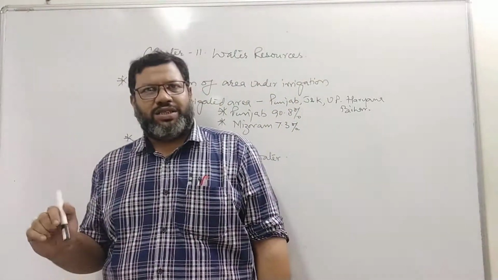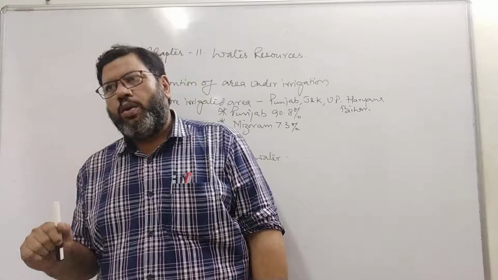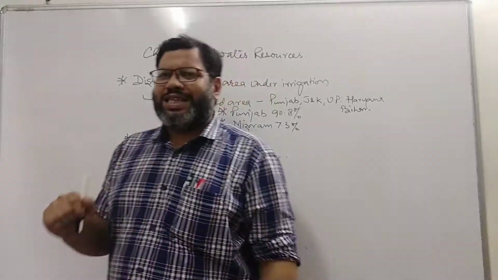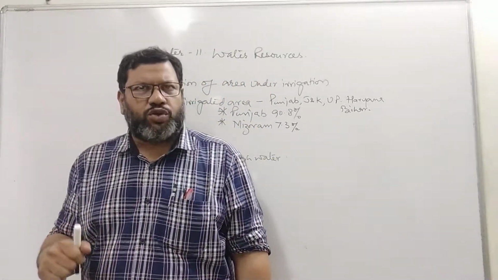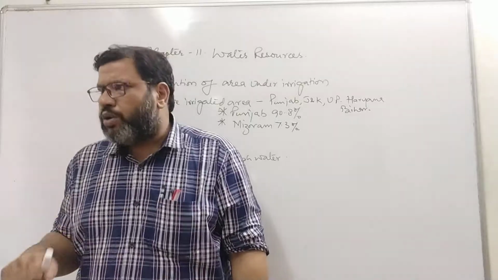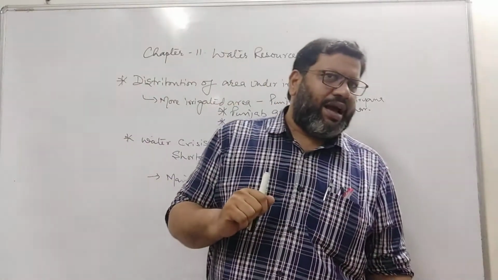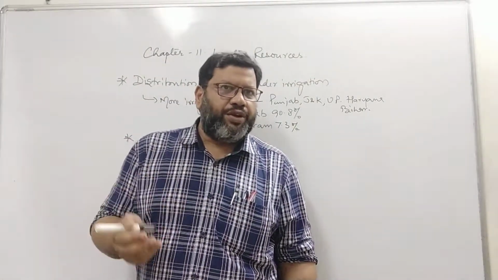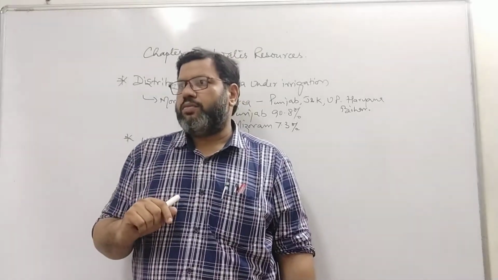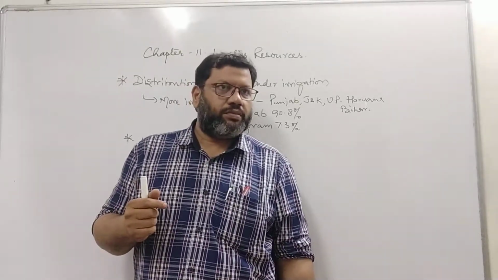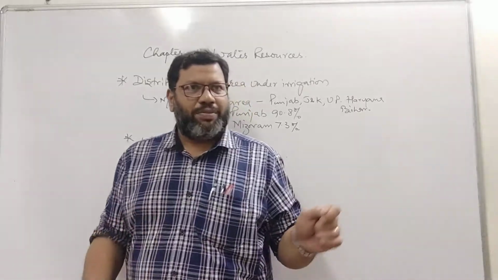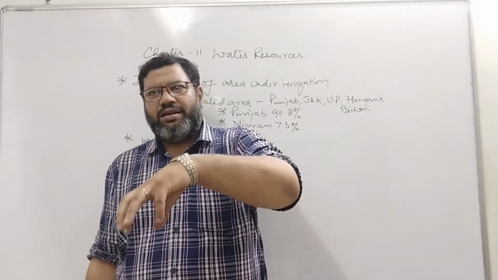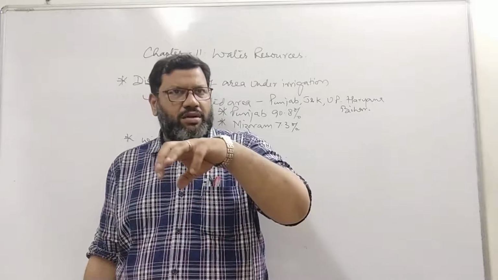A point to mention which is exclusively talked about: water crisis has been seen in those areas which have recently started cultivating crops which they should not be growing. In chapter number 10 on agriculture, we learnt that Punjab is one of the leading producers of rice. In rice, Punjab is giving tough competition to Andhra, Telangana, UP, Bihar, Assam.